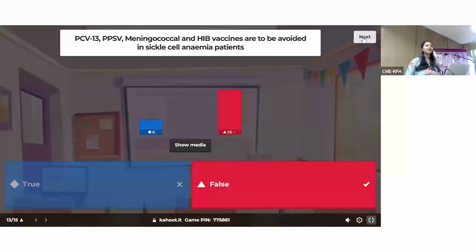Who said true there? So these are to be given in sickle cell anemia patients. They undergo autosplenectomy. The splenic function is abnormal. So we have to vaccinate them against encapsulated organisms. So these are to be given in sickle cell anemia patients.